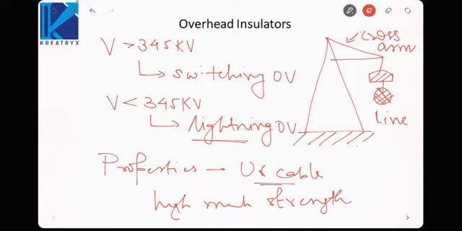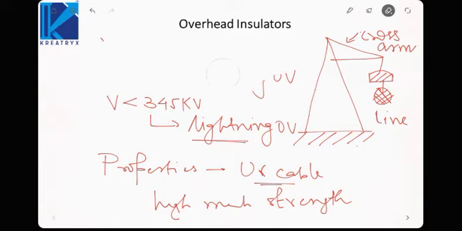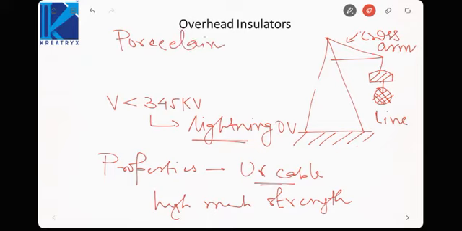What are the materials that we can use? We can use porcelain, we can use toughened glass. Toughened glass is glass which has a high mechanical strength.